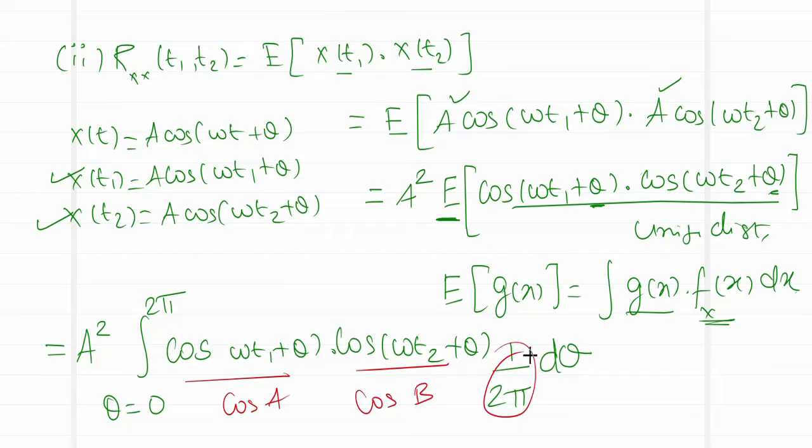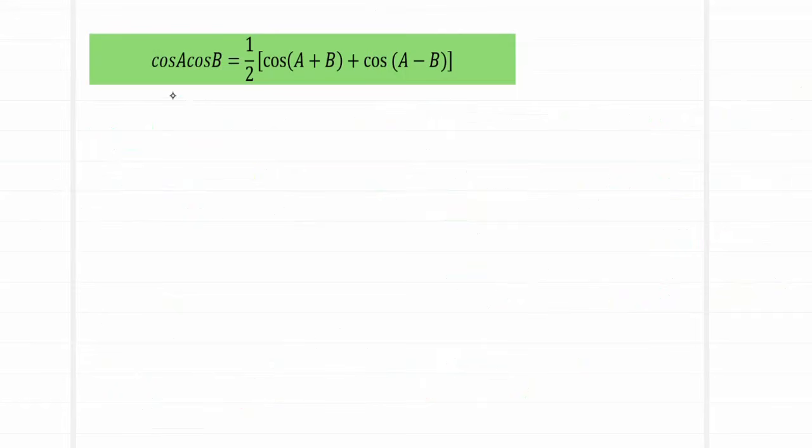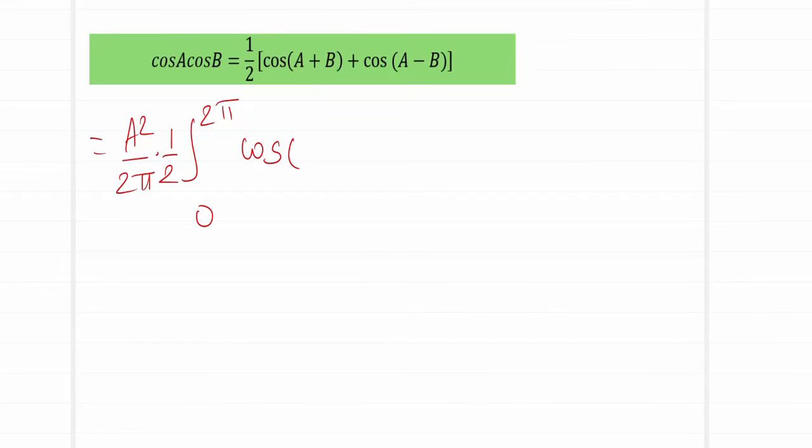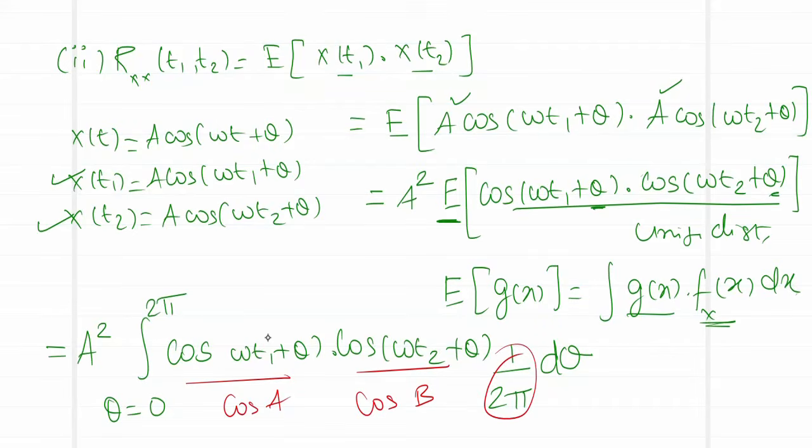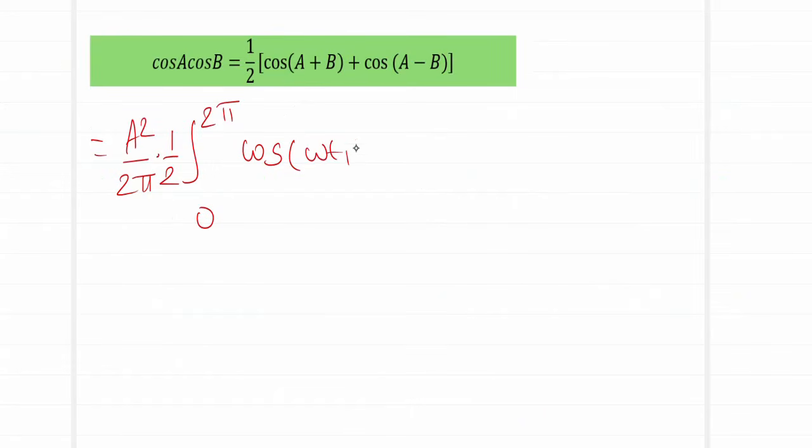So this 1 by 2 pi can be taken outside. So I have it as A squared divided by 2 pi, integral from 0 to 2 pi. This 1 by 2 is again a constant, so take it outside. Cos of A plus B: what is in place of A plus B? This is my A, this is my B. A plus B gives omega t1 plus theta plus omega t2 plus theta.